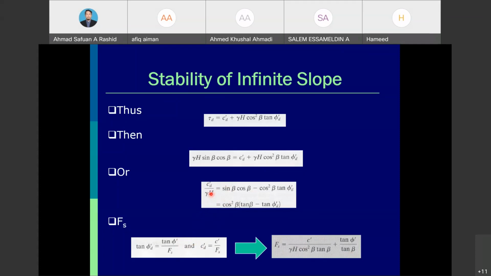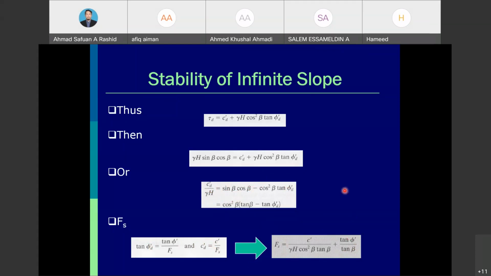You need to be creative to replace the tangent phi D and CD in this formula, and then later on you may get this kind of formula.